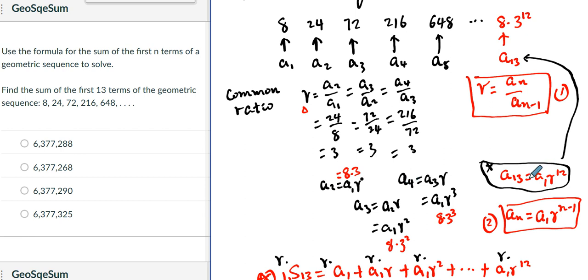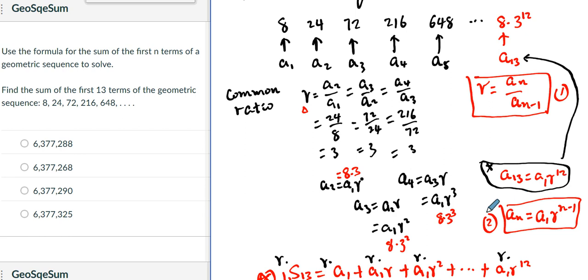Then the 13th term, the term we want to get, is A1 times R, the common ratio, to the exponent 12. So it's a very big number.